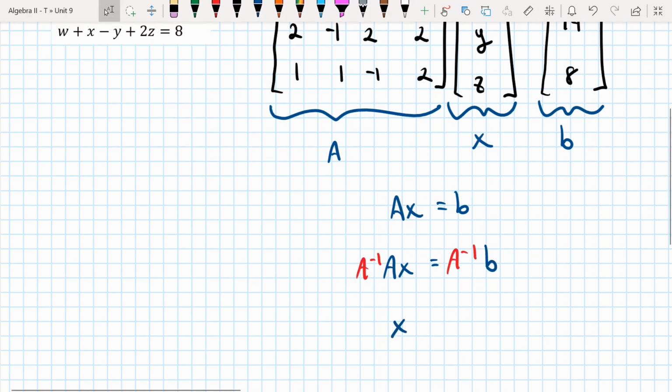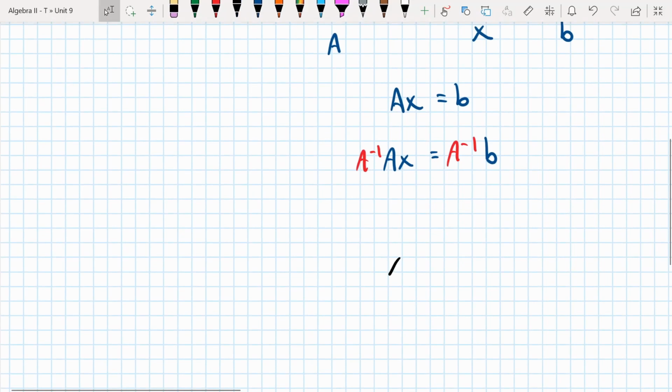So x is equal to inverse of A times B. Okay, let's figure out what it is.